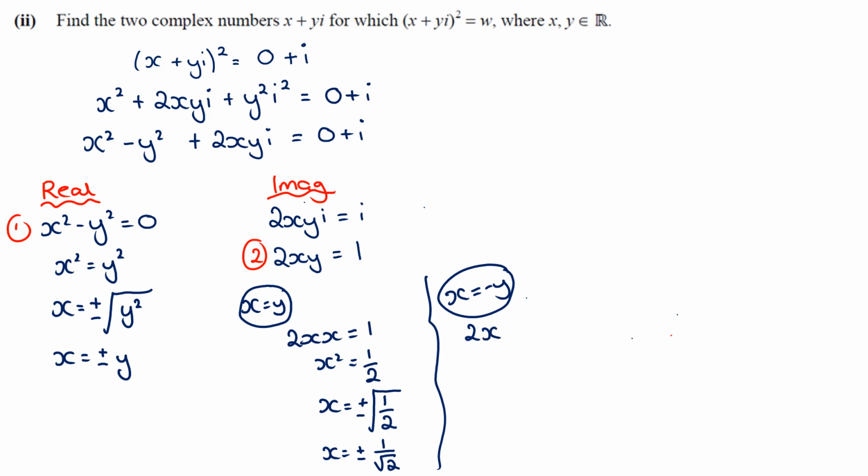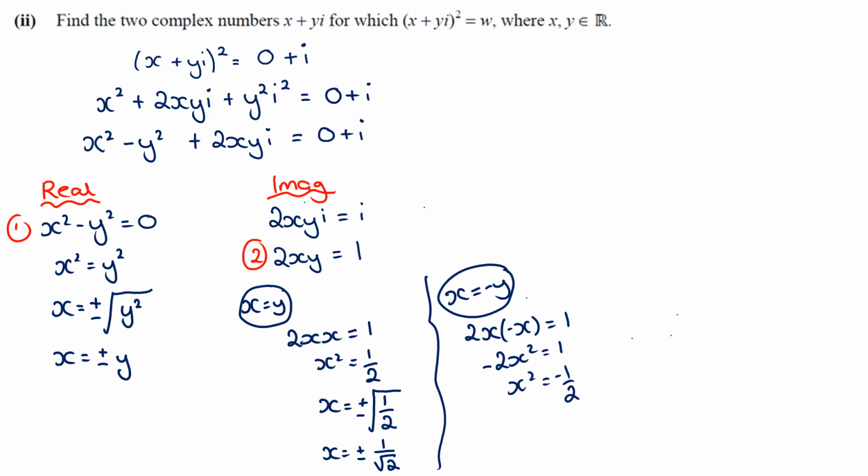So if we were to look at x equals minus y, then we will get 2 times x. I've kind of subbed in the wrong way, but effectively minus x, or you could do it the opposite way around with the y's, and that would equal 1. But basically what we end up with is minus 2x squared, or y squared, equals 1. So x squared is equal to minus half.